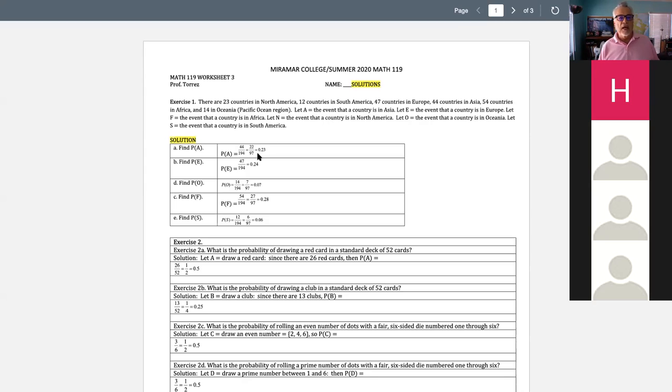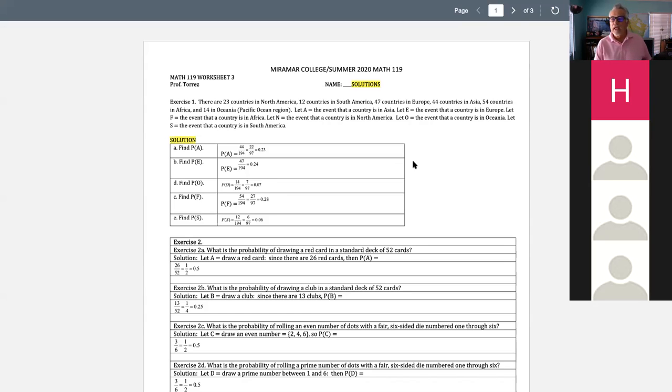So to get the denominator in this fraction, in this relative frequency, we would have to add up all of these different values, okay? And if we did that, you can double check that, you would get a total number of 194.